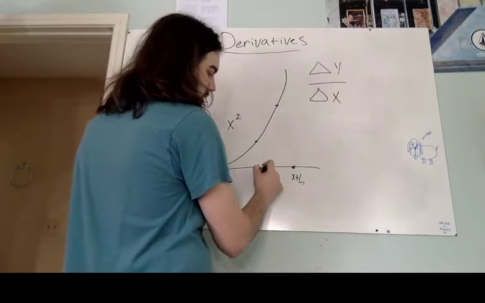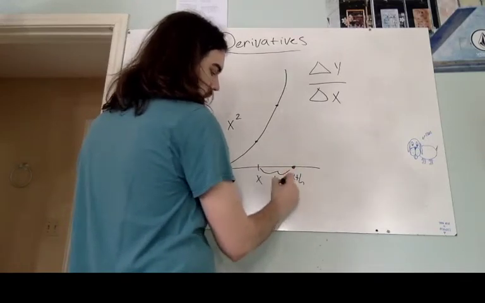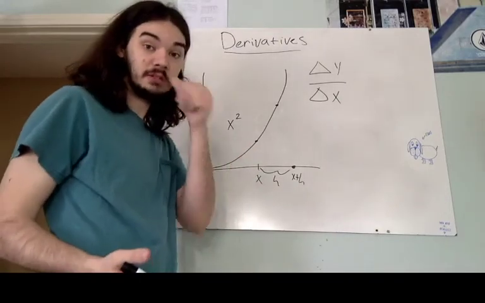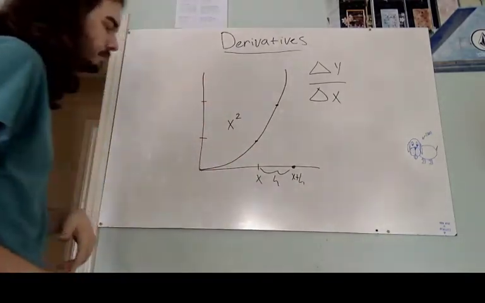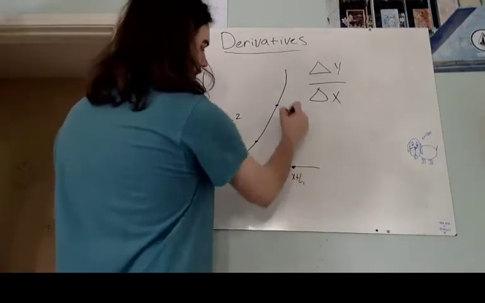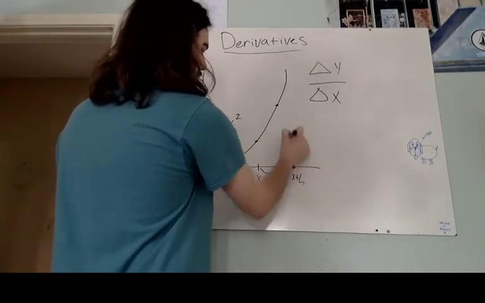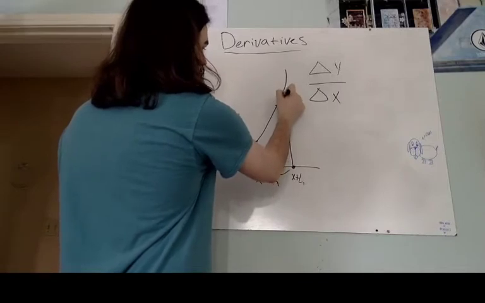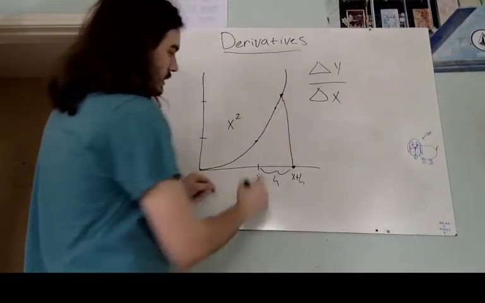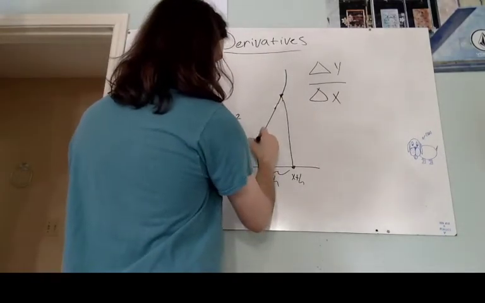So that makes this right here h. If this is x, and this is x plus h, then the difference between them must be h. So why is that helpful? So x plus h is this right here, and f of x is right here.